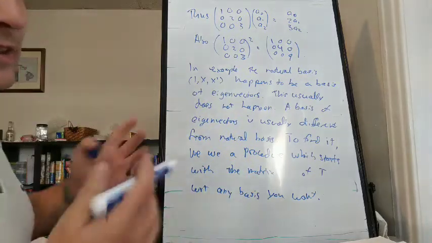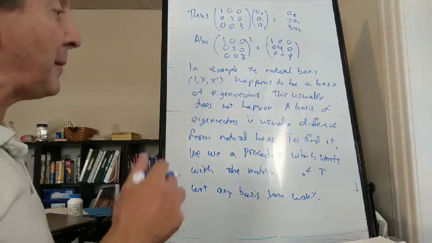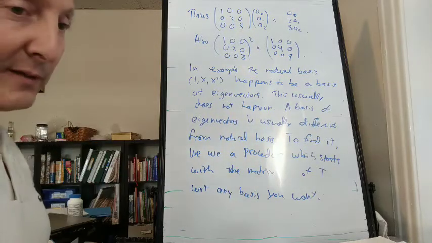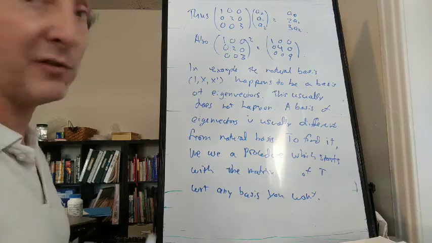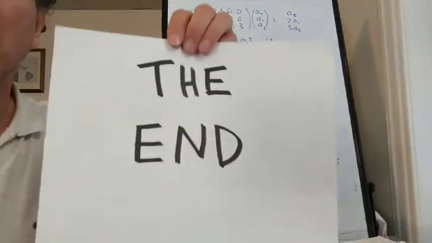So pick a basis, say the natural basis, find the matrix of T with respect to the natural basis, and then from there we'll find the eigenvectors and the eigenvalues. The end.